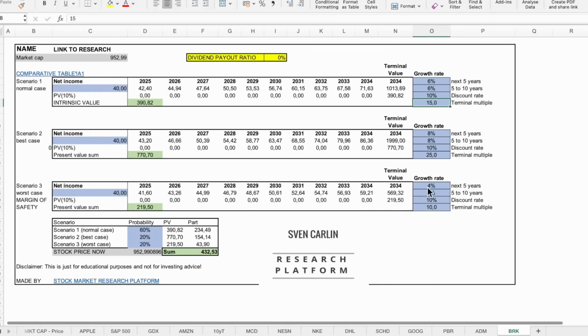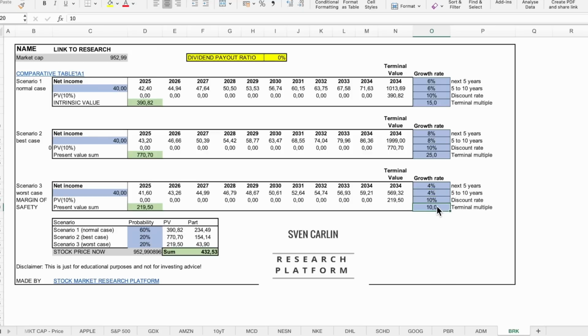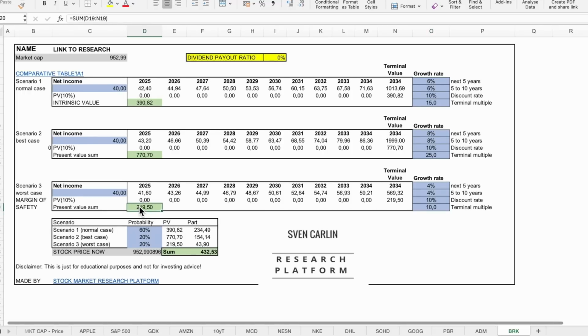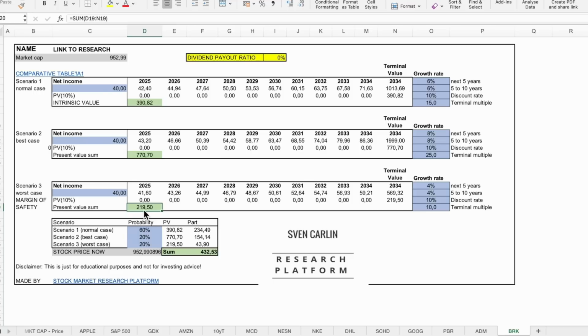Worst case scenario, 4% growth rate, let's say a terminal multiple of 12 or even 10, which happened for insurance companies, or happened for Berkshire when we made the video in March 2020, and then the present value is just 219 billion. But this is unlikely because just the cash and the businesses and everything, inflation, will likely give it a higher growth rate. And then let's put a 12 multiple. So just not priced for a 10% discount rate.